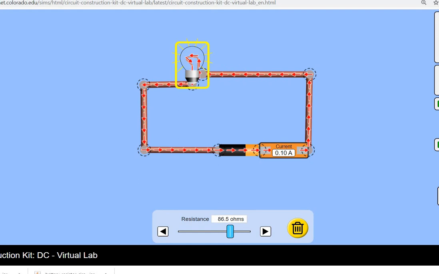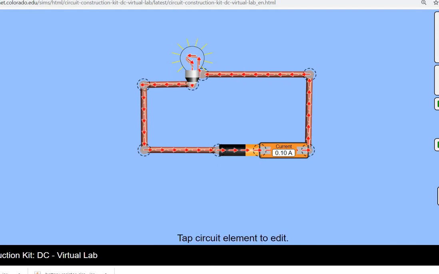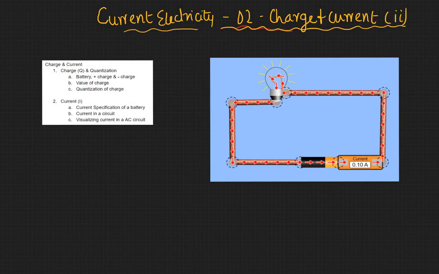Let's set it up as 0.1 amperes. This circuit implies that about 0.1 coulombs every second is being passed through this wire.